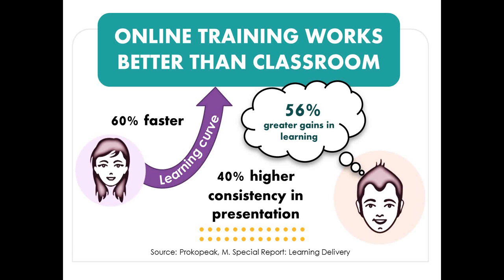Jessica, I see a question that popped up. Yeah, question from Sabrina. So in the context of this, what are we referring to as online training? Online training would be content that is delivered over the web to a learner. So this can be video.